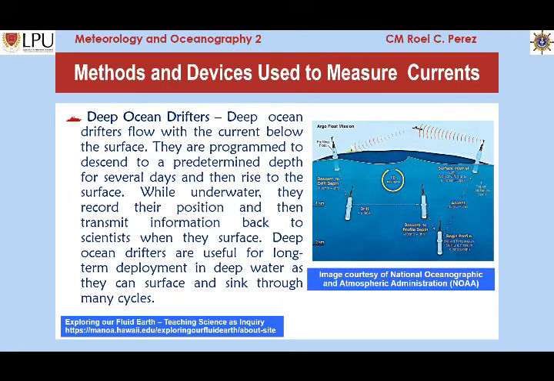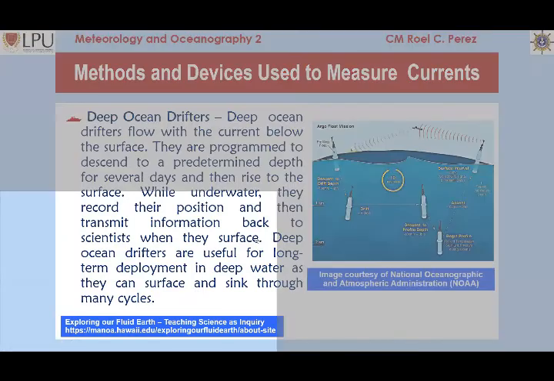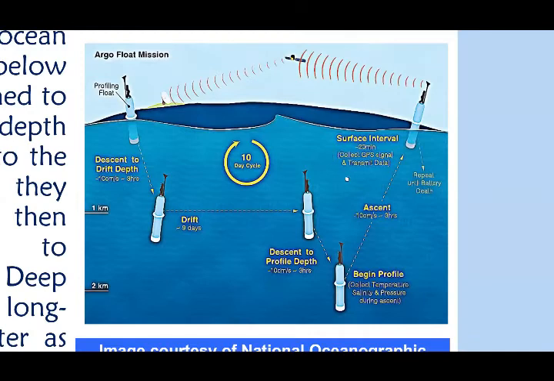Deep ocean drifters are useful for long-term deployment in deep water as they can surface and sink through many cycles. So you can see the image here. This is also an explanation of how it goes.